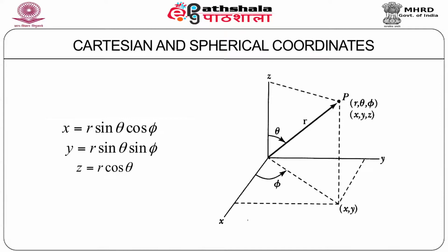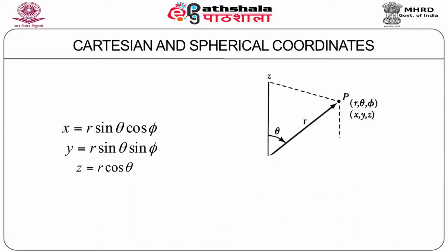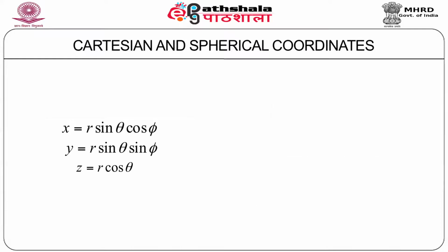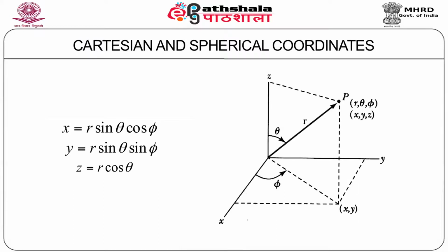So it is convenient for us if we change, right from the beginning, the Schrodinger equation from Cartesian coordinates to spherical coordinates. On the board you can see the coordinate systems, that is x, y and z, a 3-dimensional coordinate system, on a plane, which you can see on the screen.